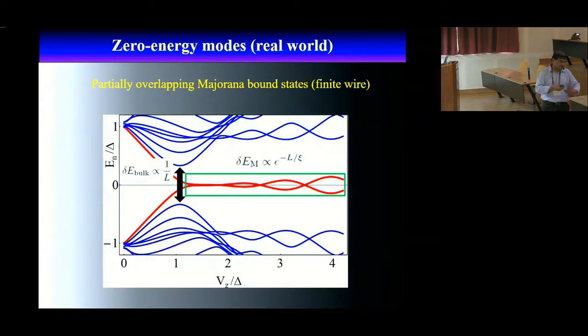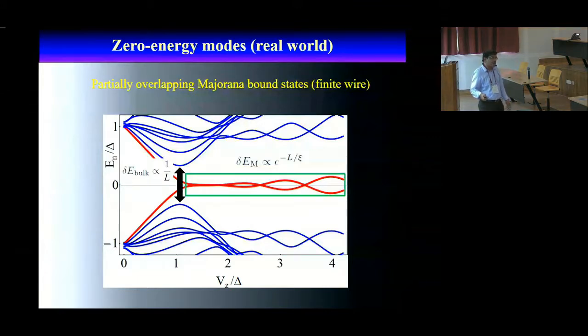I can have a spread out potential. I'm going to show some pictures of the potential, and I can calculate the spectrum as a function of Zeeman field. It might be that there are all sorts of states, higher energy states, but there is a branch, the lowest energy branch, that comes to zero energy and gets stuck at zero energy with some small splitting.